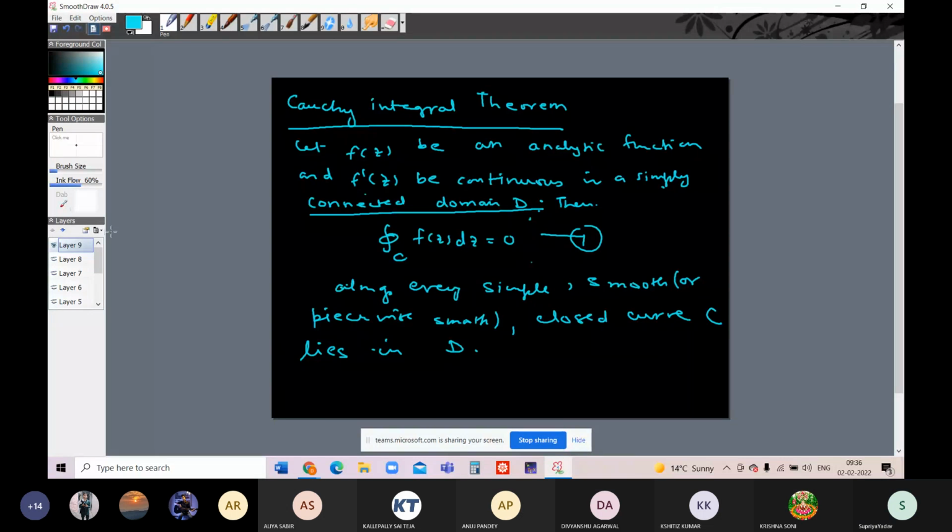Now we will prove this theorem with the help of Green's theorem. Suppose that we have a domain D, and inside this domain we are taking a simple closed curve C. We are taking only the positive direction here.